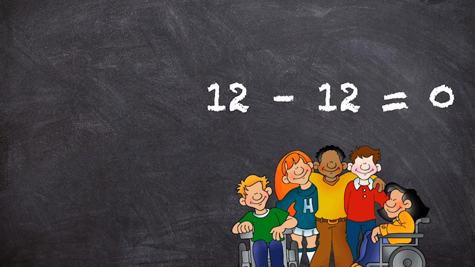The answer is 0. If I have 12 cookies, and 12 of those cookies are eaten, then I would have 0 cookies. 12 minus 12 equals 0. By subtracting the number I added in the first place, I ended up right back where I started.